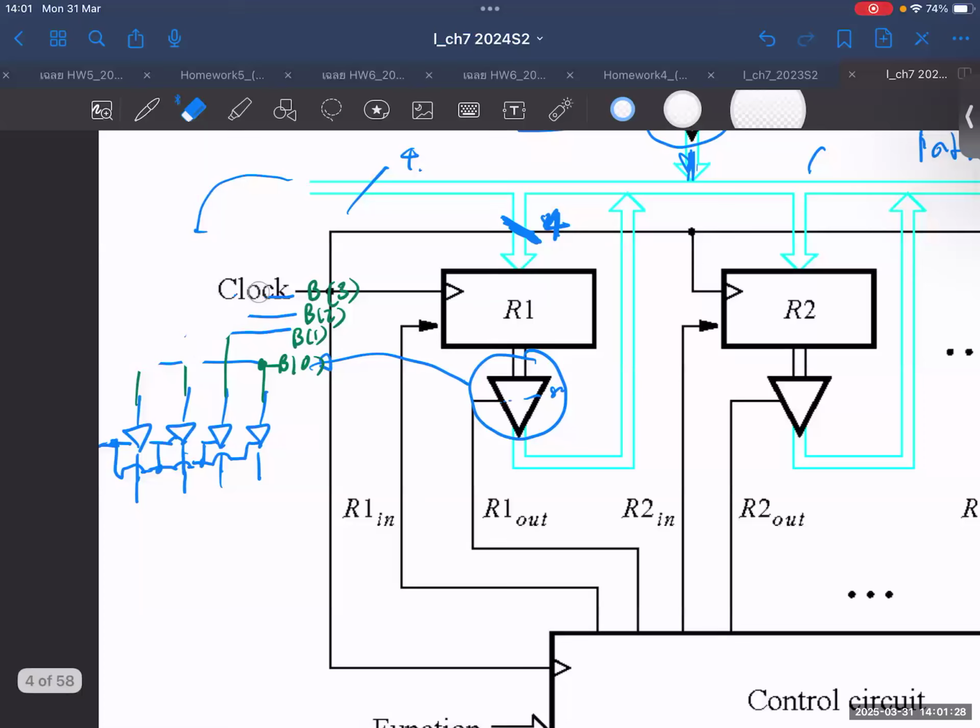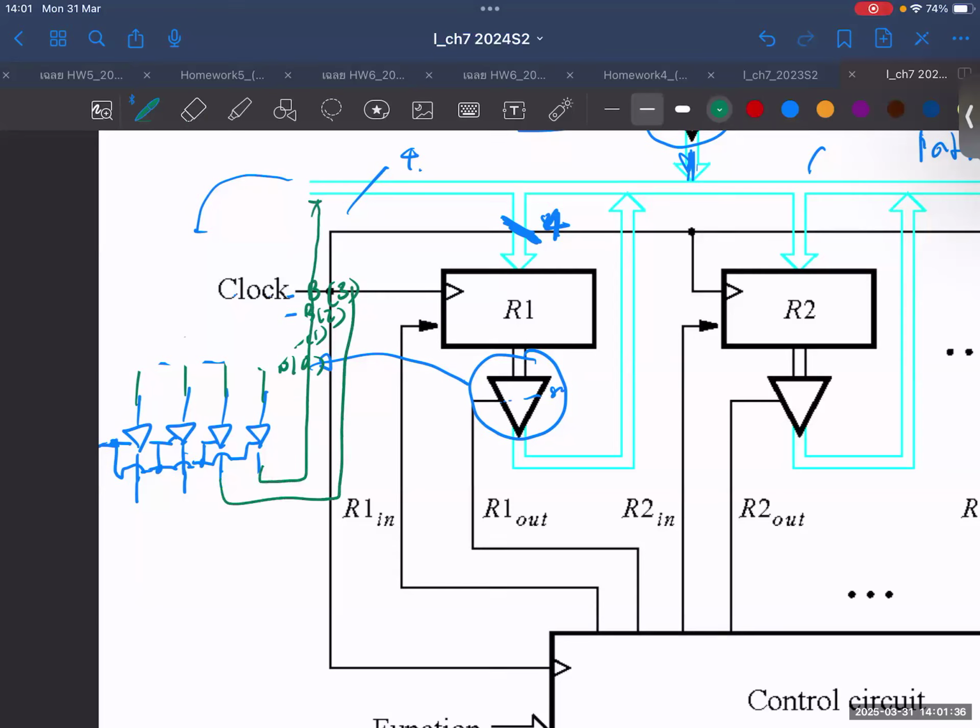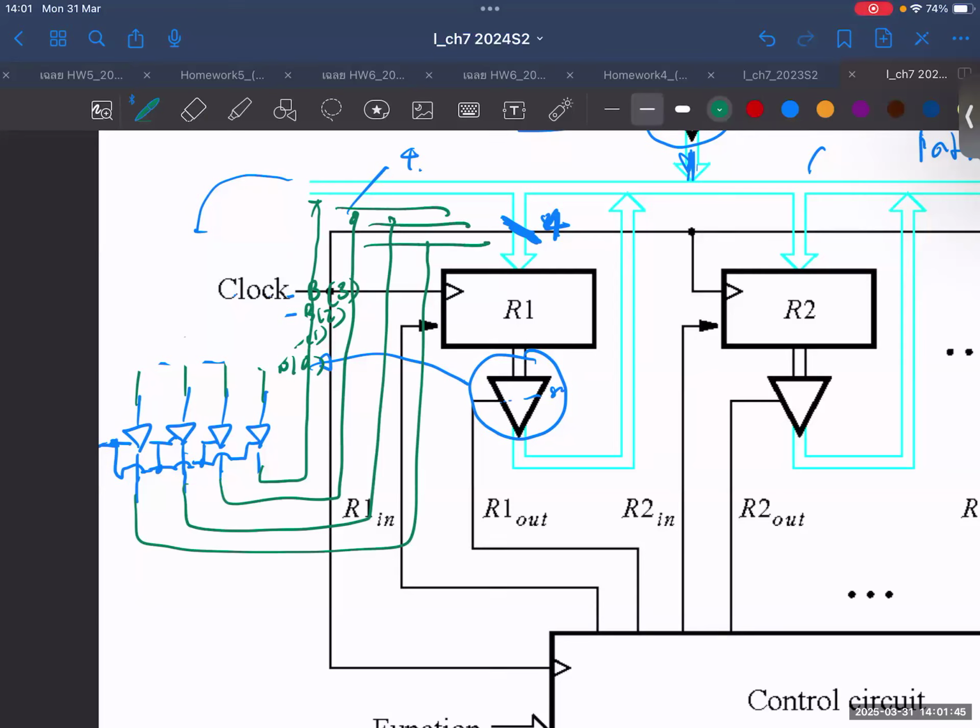Sorry, not this way. It's this side, right? This side will go up to 1, 2, 3, 4. So it's connected to 4 lines here. B3, B2, B1, and B0. That's the meaning of this one.